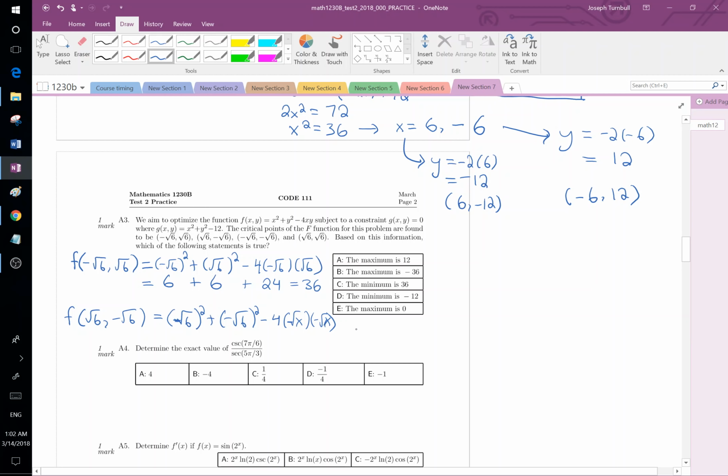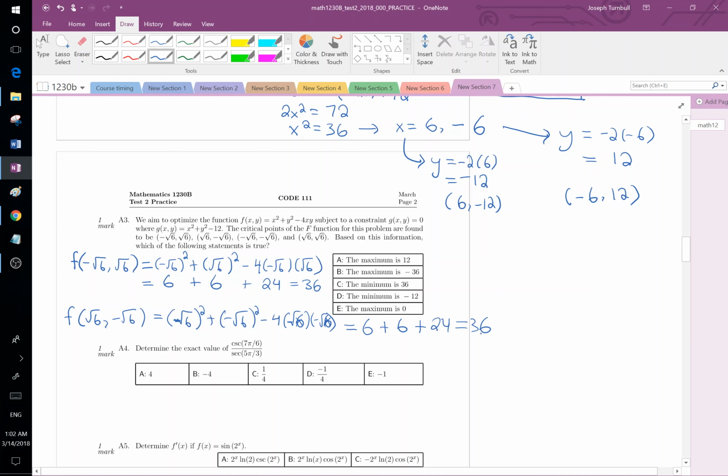And then we simplify that. We get 6 plus 6. And then again plus. Two negatives cancel. Positive x is root 6 times root 6. 6 times 4, 24. We again get 36.